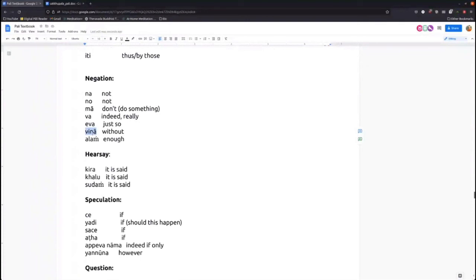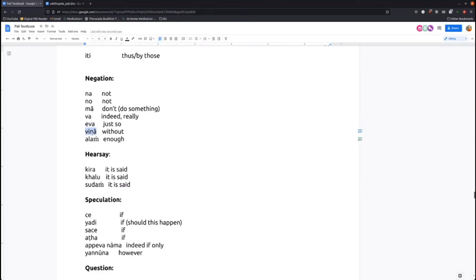So they're used with the instrumental. You can go with someone, and you can go without something or someone. If you go without someone, you say purisena vina, without the man. If it's with the man, you'd say purisena saddhim. You don't have to use these words.